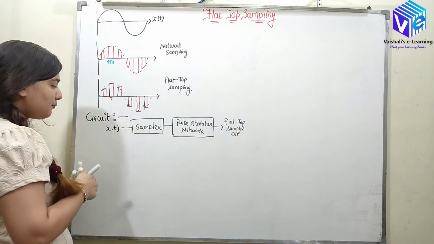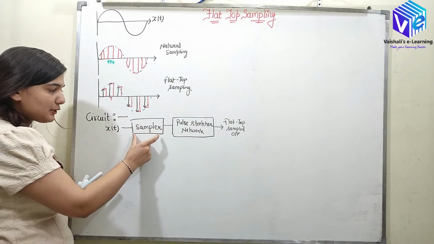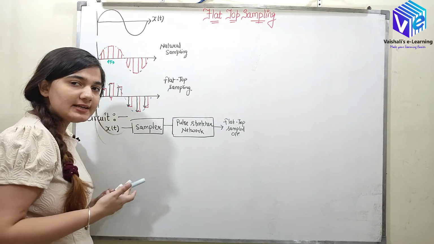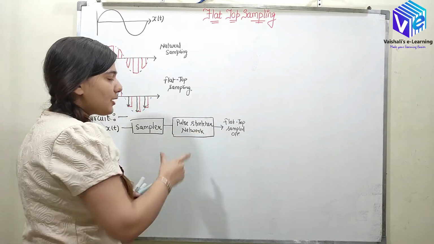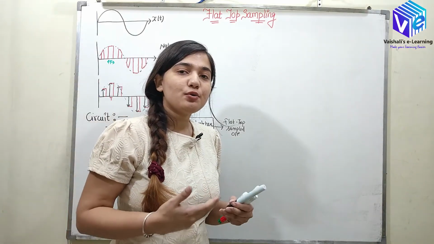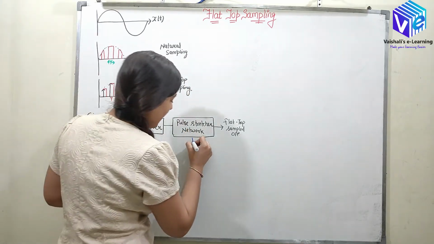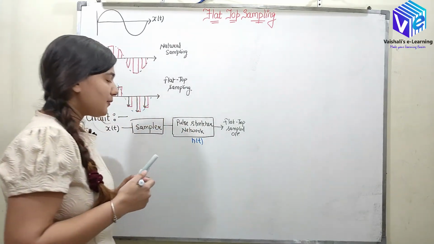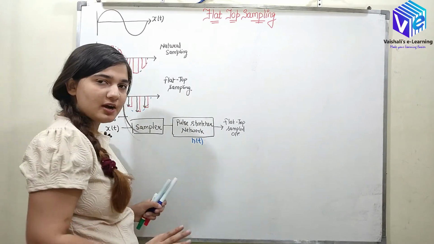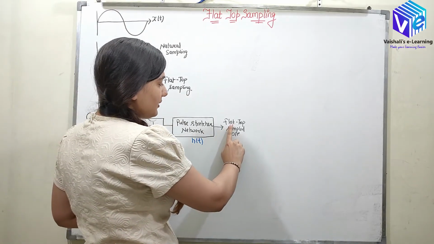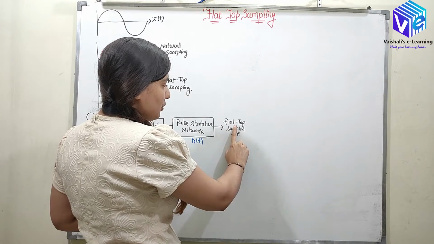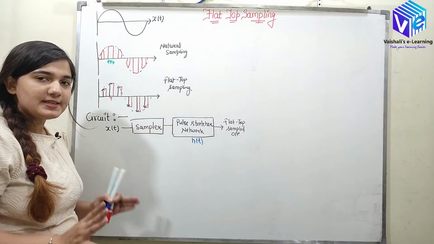We provide the input x(t) to the sampler, which is an instantaneous sampler. After that we connect it to the pulse stretcher network, which is represented by h(t), the transfer function. After that we get the output, which is the flat top sampled output.